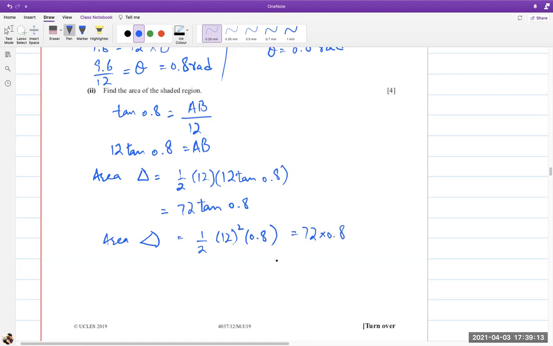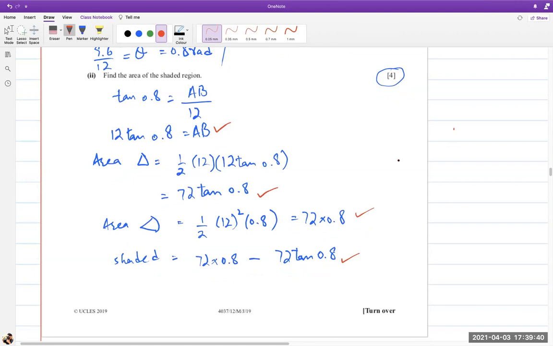Okay, so now the shaded area is going to be 72 times 0.8 minus 72 tan 0.8, because that's the area of the triangle, and that's how I get my shaded region. Notice that the question is of 4 marks and I found 4 things. 1, 2, 3, 4. There you go. Okay, so the number of marks can be used as a hint for you to know how much working is required.